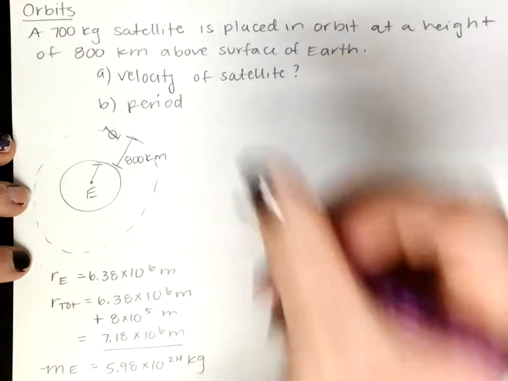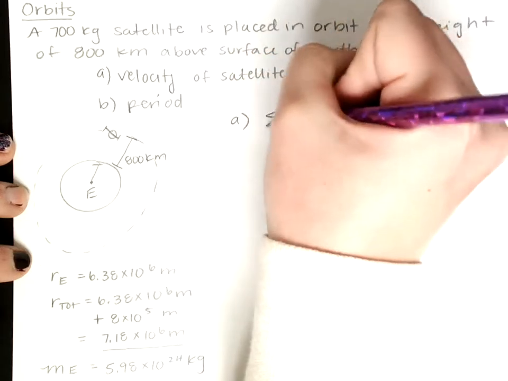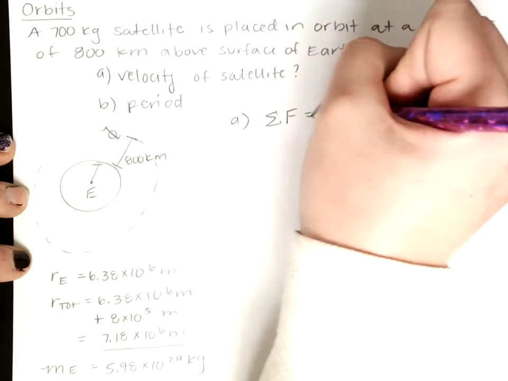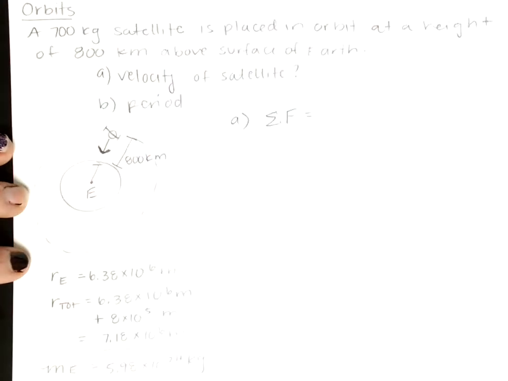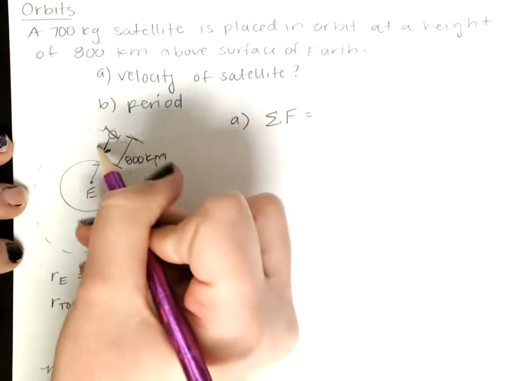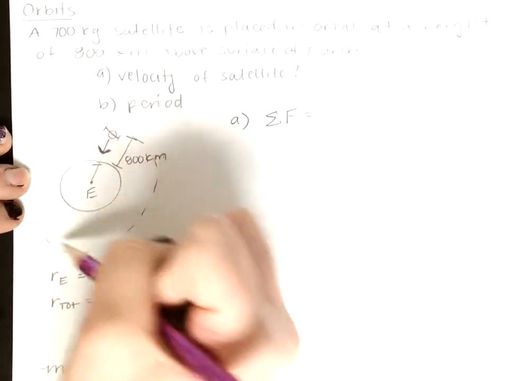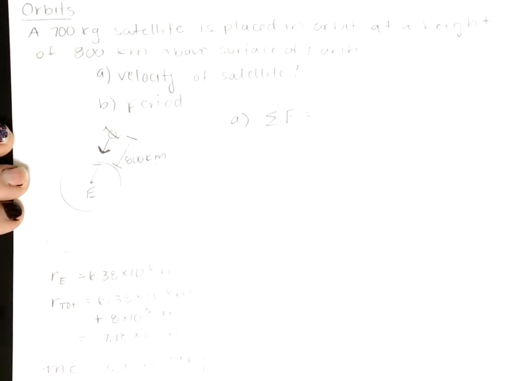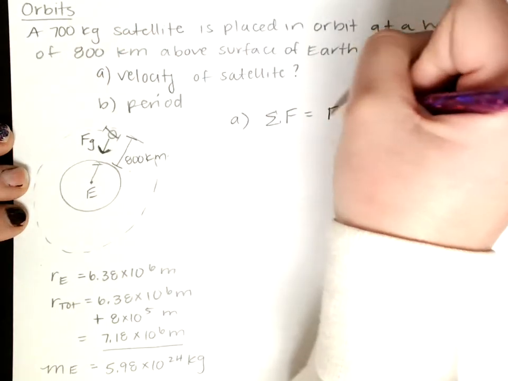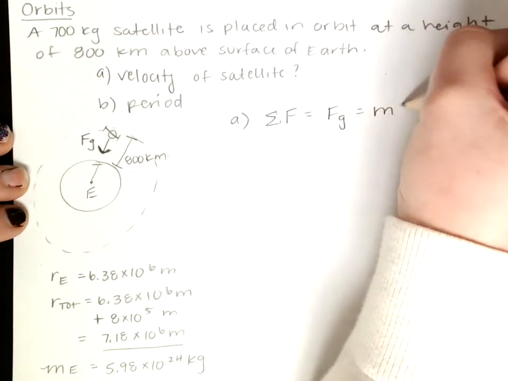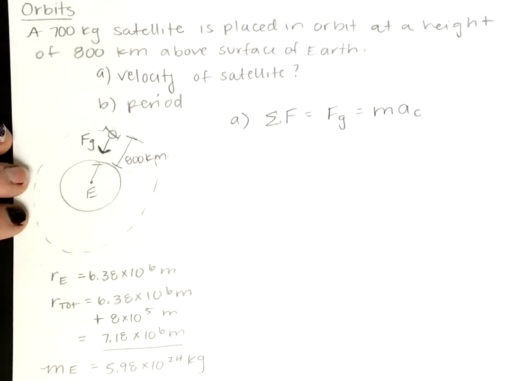If you ever need to know the mass of a planet, just make sure you look it up if you're not given it. So for part A, we know that the sum of the forces is equal to the gravitational force that the satellite feels toward Earth. That is the centripetal force that is keeping this satellite in orbit around Earth. So the sum of the forces is Fg, which equals mass times centripetal acceleration, since it is in a circle.